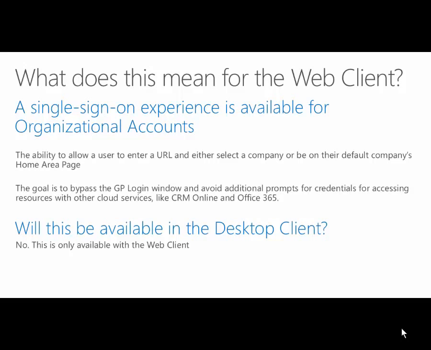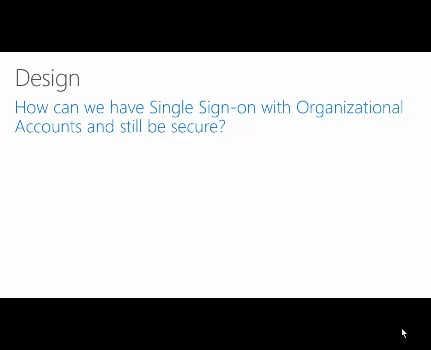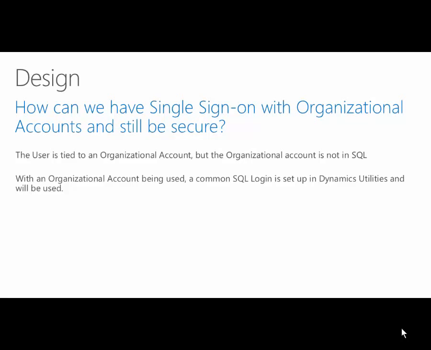So from a design perspective, how could we have a single sign-on with organizational accounts and still be secure? The user in GP is tied to an organizational account, but that organizational account is not in SQL. With the organizational account being used, a common SQL login is set up in utilities, and that account is used for accessing the database.